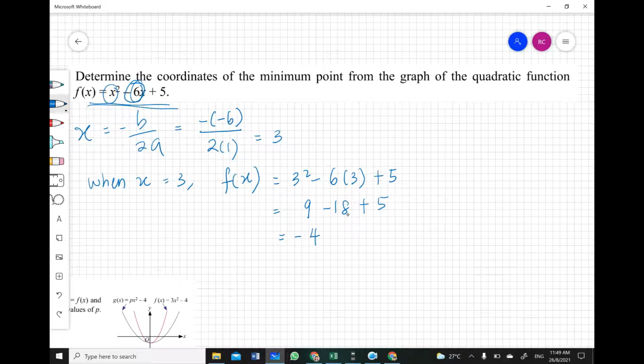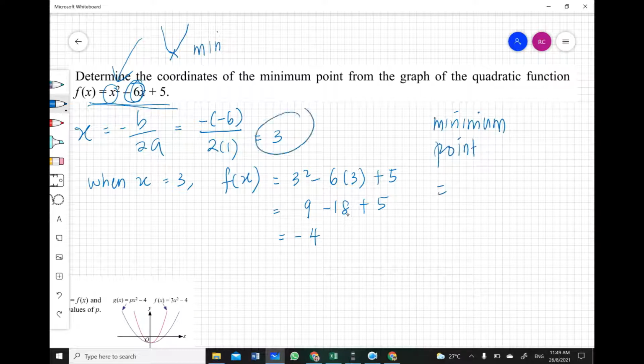So here you already have the values of x and y. That is the minimum point, because this is a smiley graph, you get a minimum point. So the minimum point is x is 3, y is negative 4.